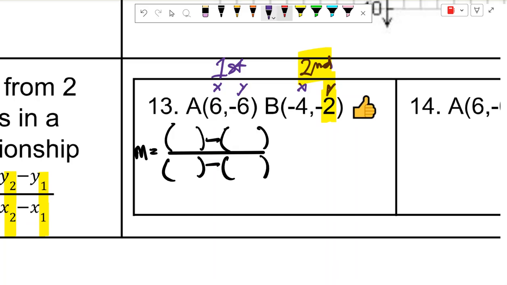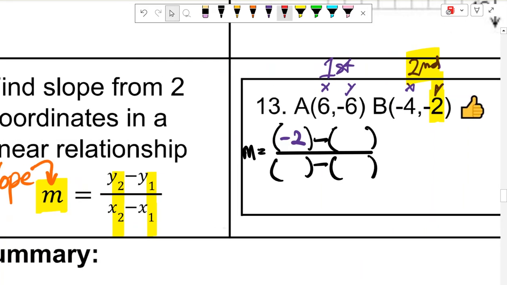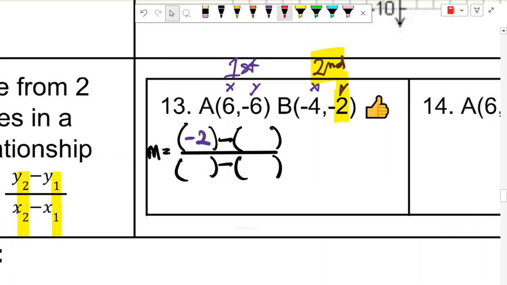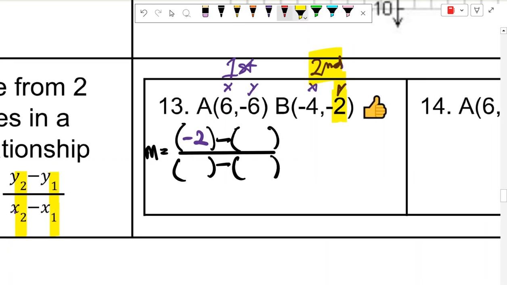So we'll put a -2 right there. Right below it is supposed to be the second x. Well, where's the second x located? The second number right here, it's -4. So you'll be very careful that you do not mix these up.